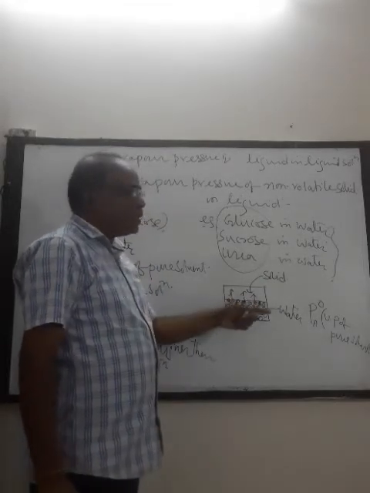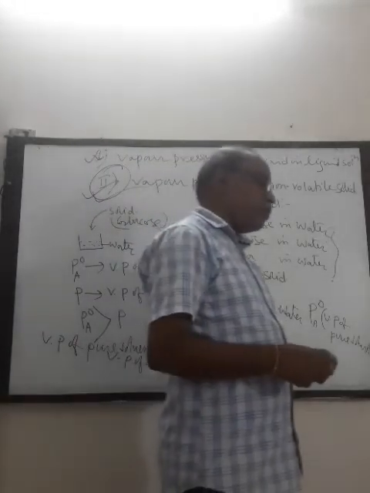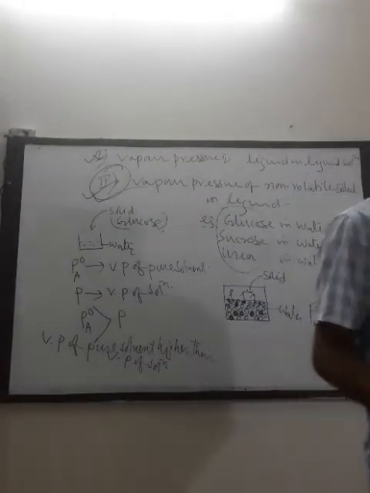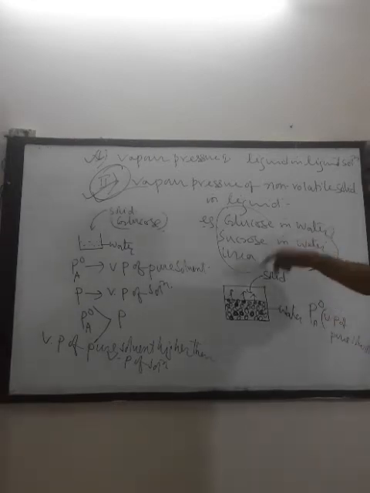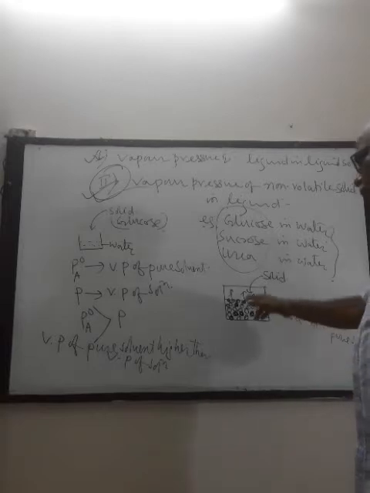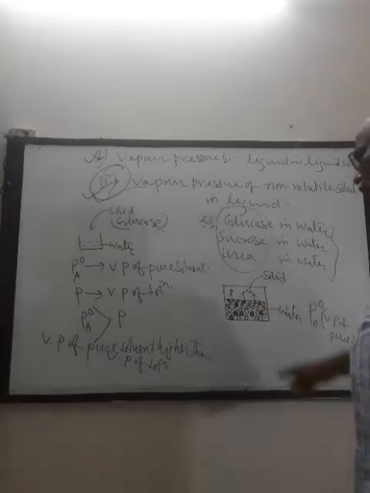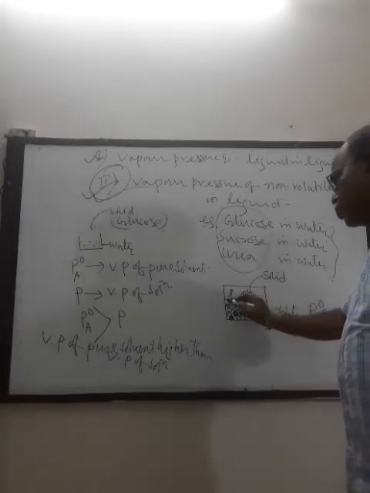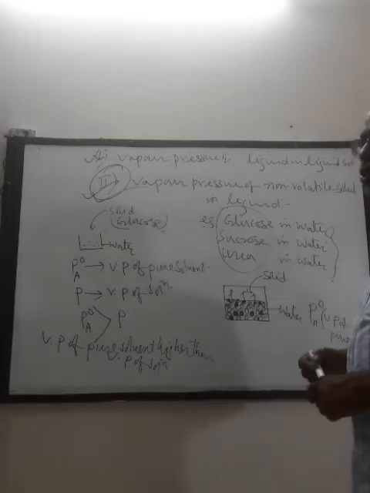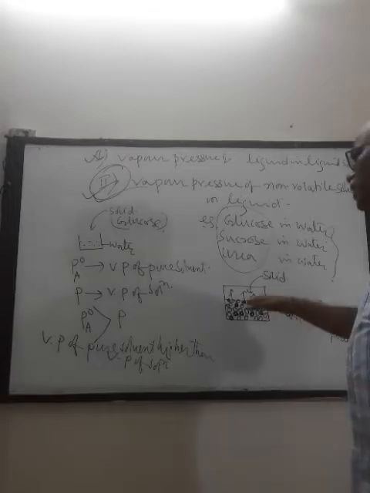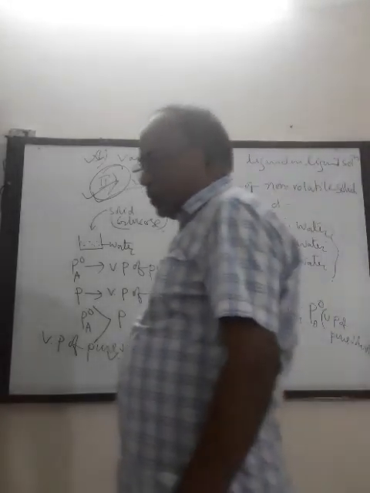In the previous case, when only water or solvent molecules are present, the entire surface is available for vaporization because the entire surface is occupied by water molecules. Now when some solid is added, which is the black dots, some surface area is occupied by the solid sugar molecules. So the surface area is less than before.